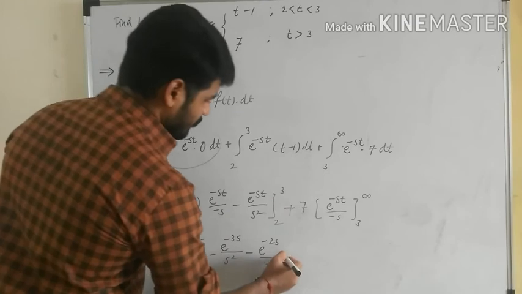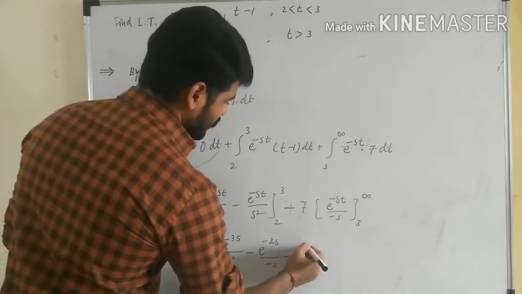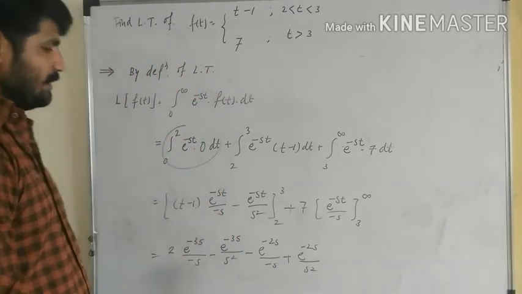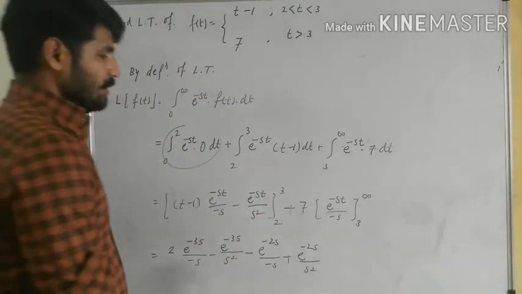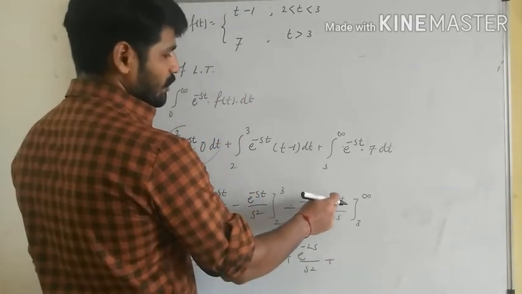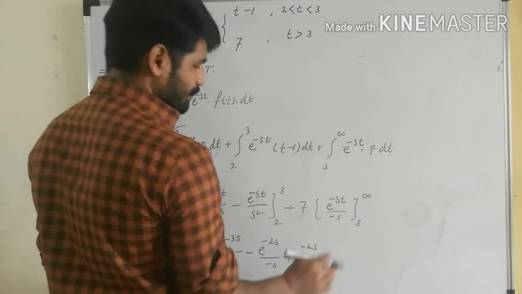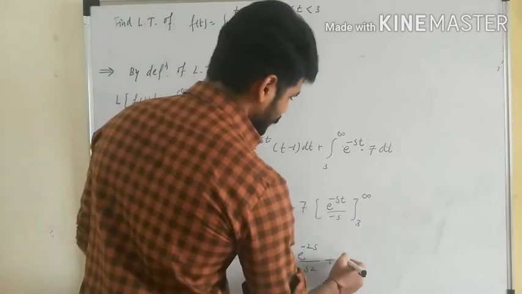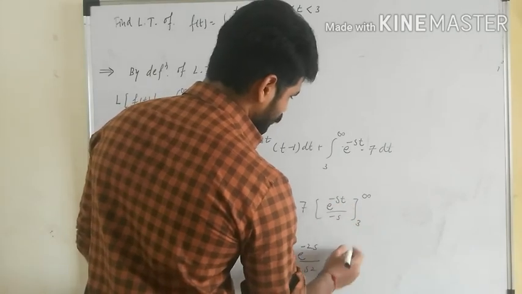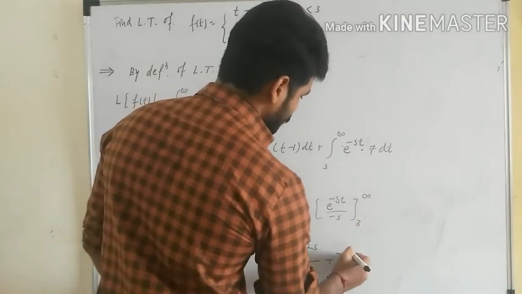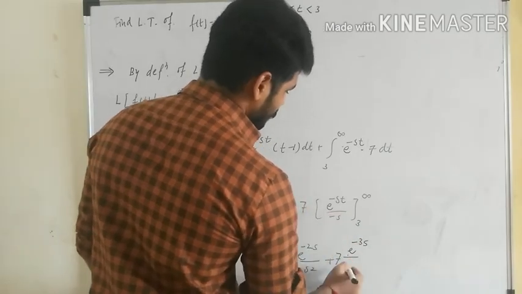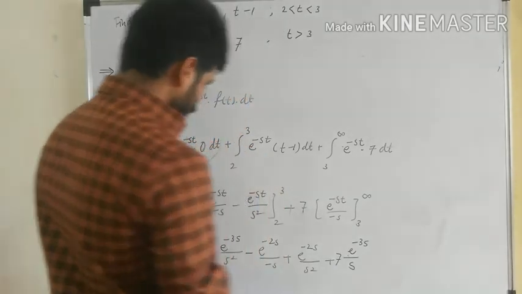This minus and the lower limit minus make plus e raised to minus 2s divided by s square. Now this completes your first term. Now here plus 7 into e raised to the upper limit, that is minus infinity, which is 0. And if we put the lower limit, which is 3, 7 into e raised to minus 3s divided by this minus, and lower limit minus, we get plus s.